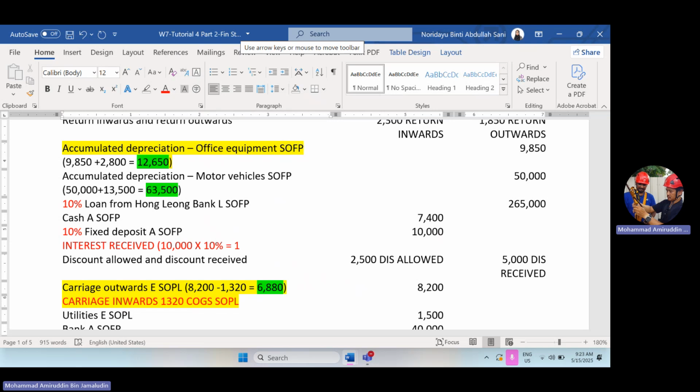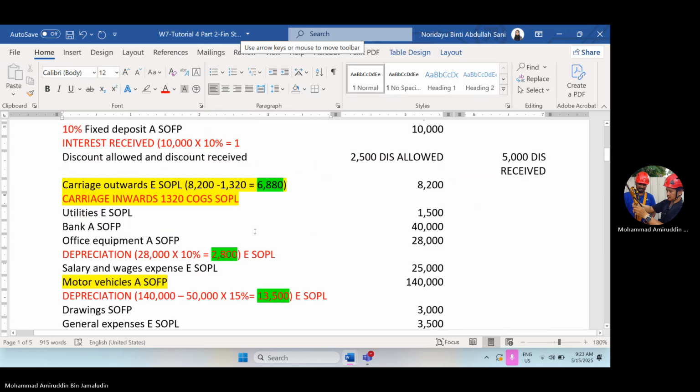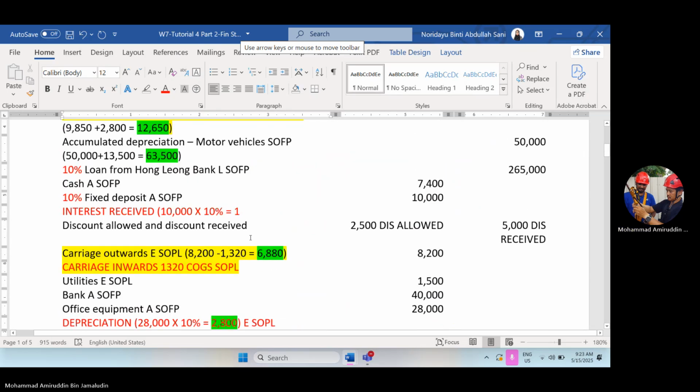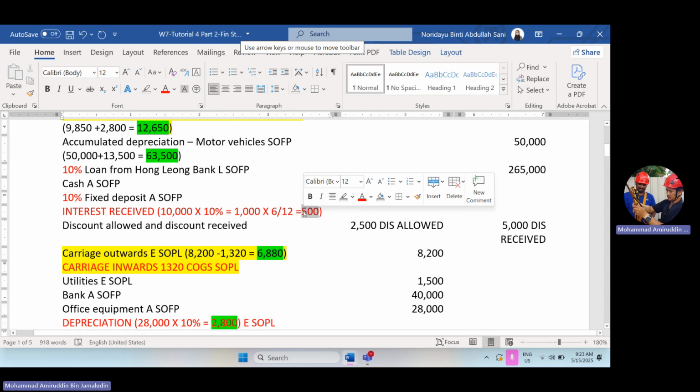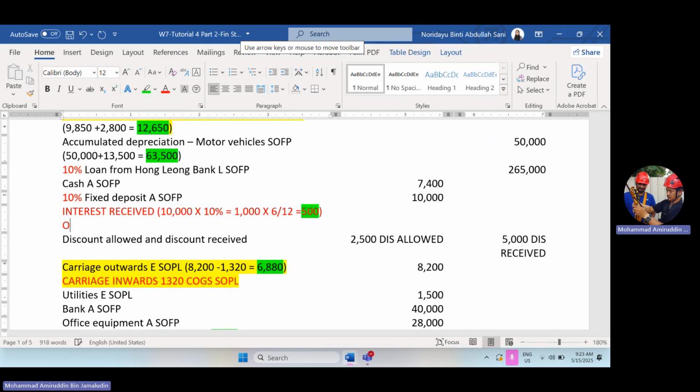So we get 1,000. But only half of it, right? Why? 6 months. So 1,000 multiply 6/12, which is 500. So 500 interest received charged to our SOPL under other revenue.